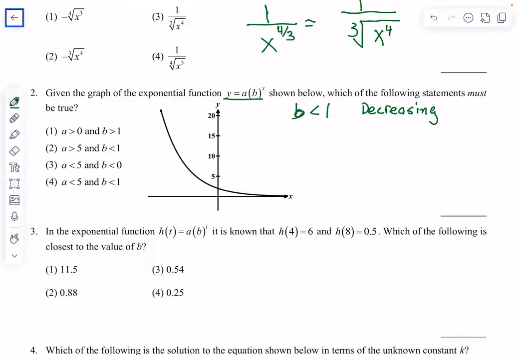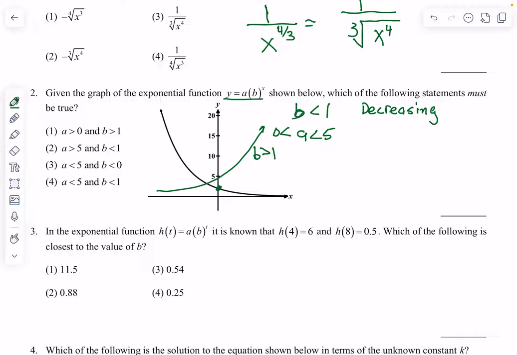If it was increasing, this B would be greater than 1, a whole number, not a fraction or a decimal. Then the other part is where it passes through the y-intercept. That's the A coordinate, which is greater than 0 and less than 5. So we have to look at which ones have both of these conditions.